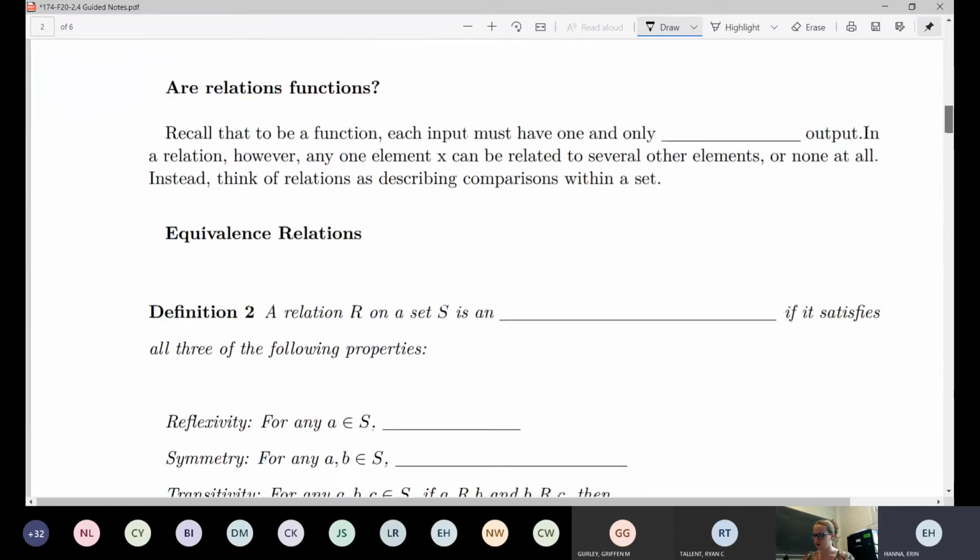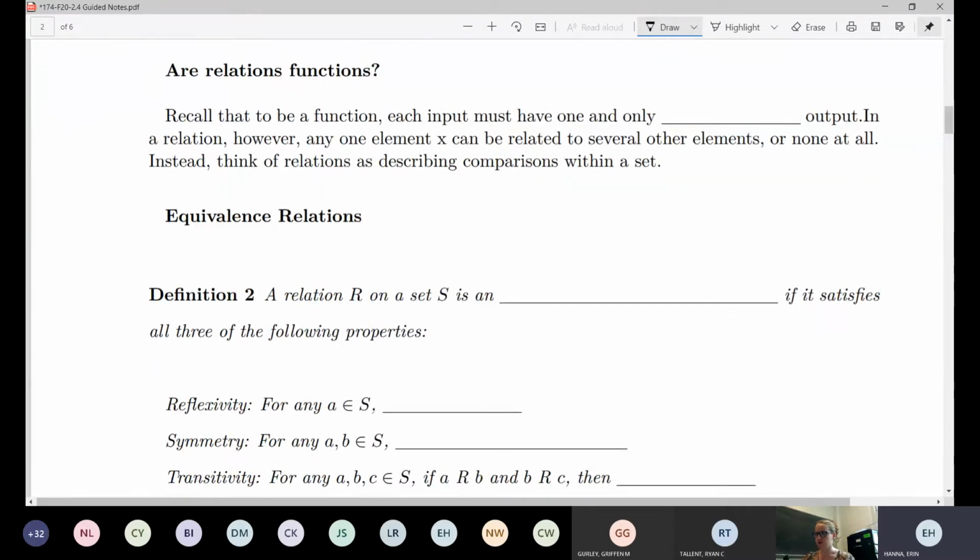So moving on. So our relations and functions. Recall that to be a function, each input must have one and only one output.